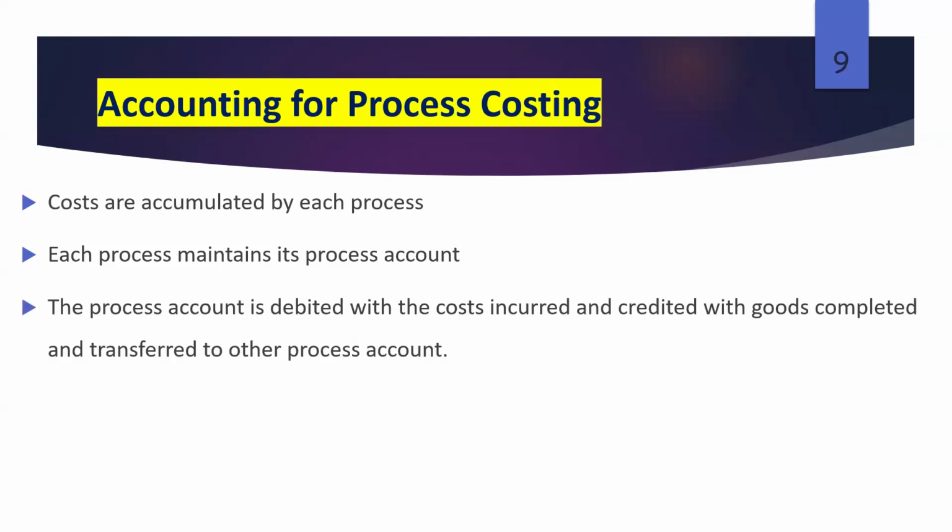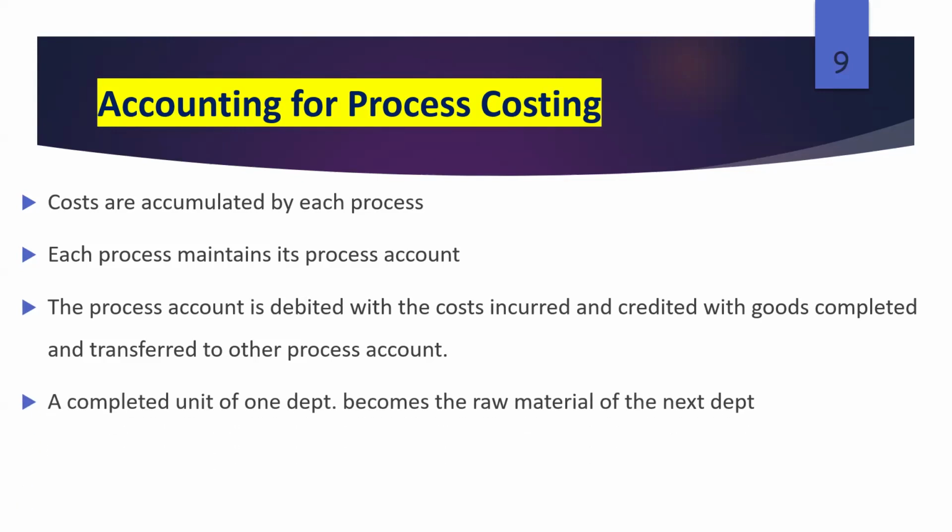The process account is debited with the cost incurred and credited with the goods completed and transferred to the other process account. So you can remember that in the process account, I debit all the inputs, and the output I have transferred using the credit entry and debiting the next process account.